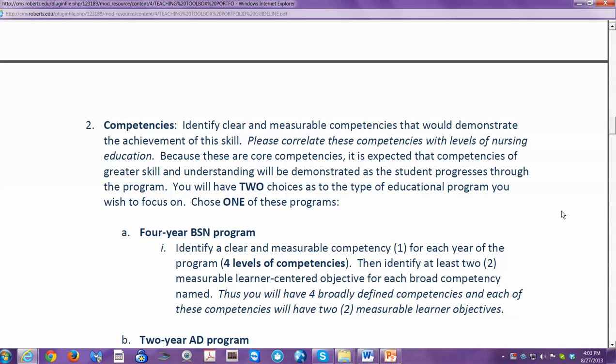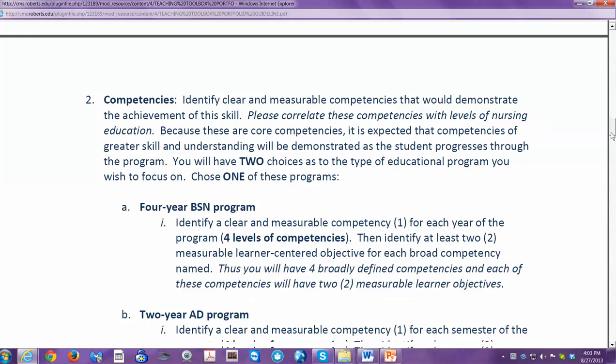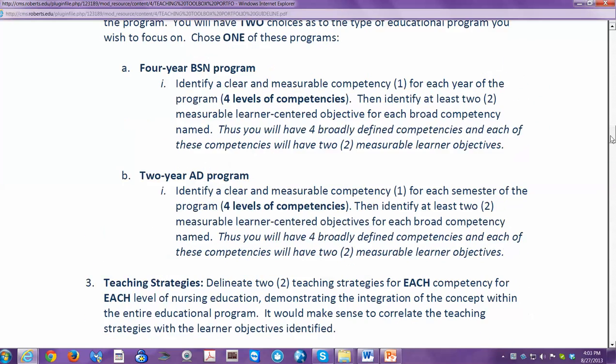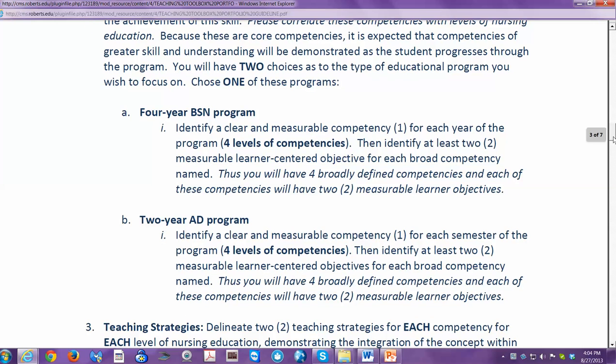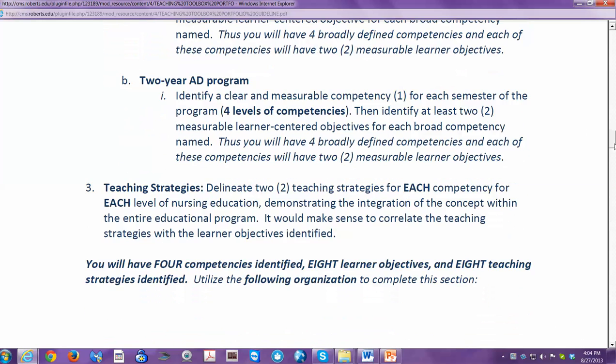In each case, you would have 4 broadly defined competencies. For each competency, you'd have 2 measurable learner objectives. So there's 4 competencies, 1 for each year or semester, depending on whether it's BSN or AD, and then you would have 2 measurable learner objectives for each competency that you identified.